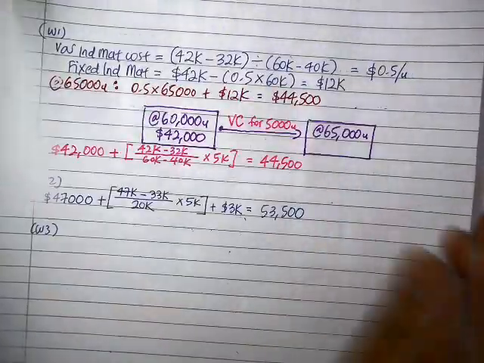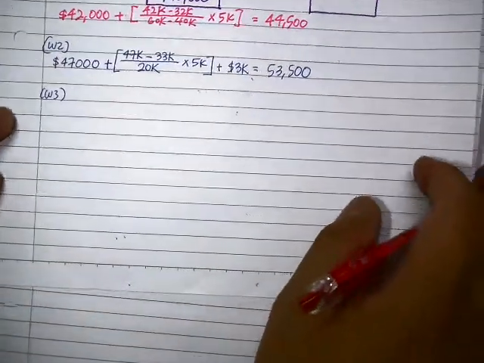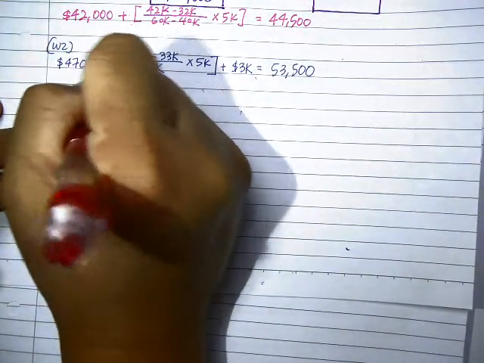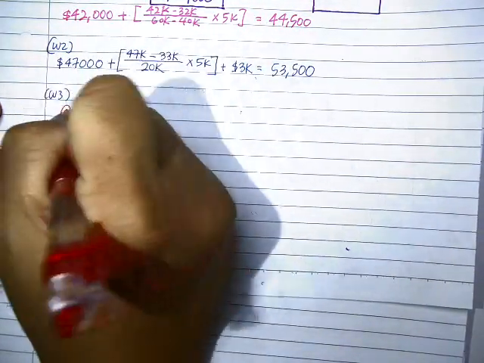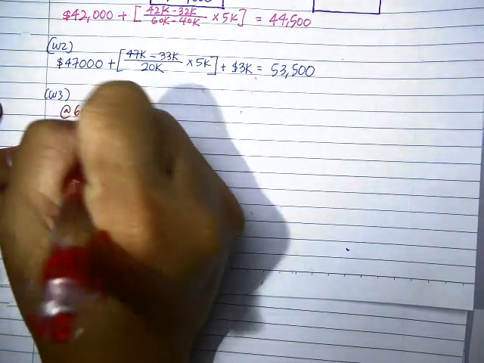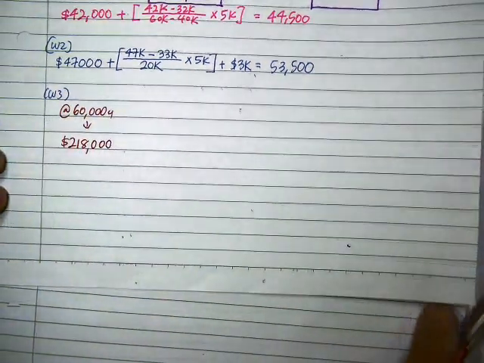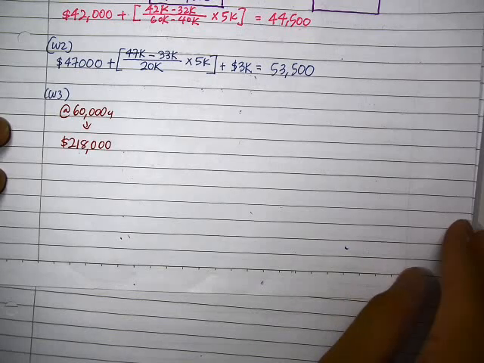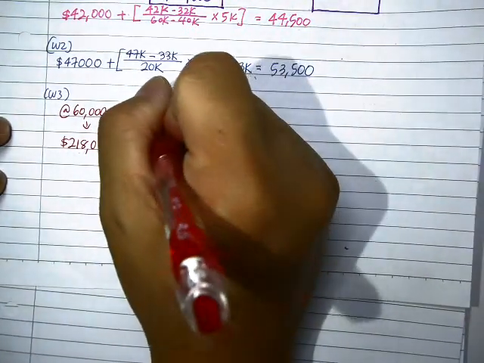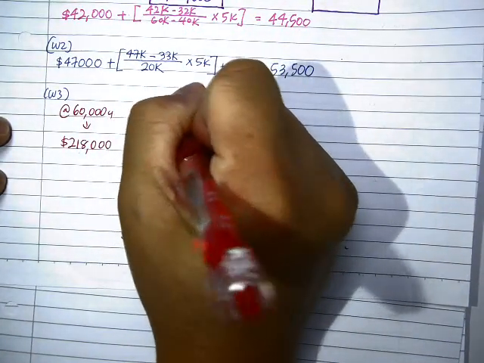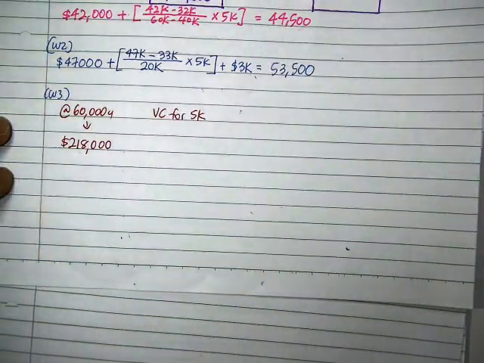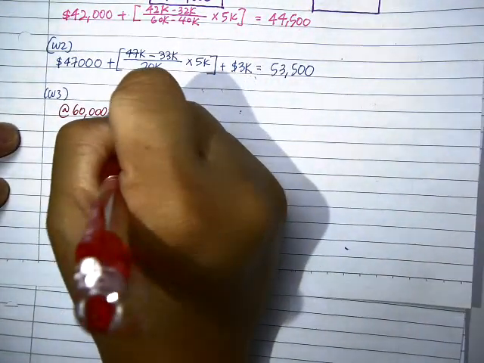Okay, so what we're going to do now is like this. At 60,000, the amount is 218. I want to increase the variable cost for 5K. So what's my variable cost for 5K?